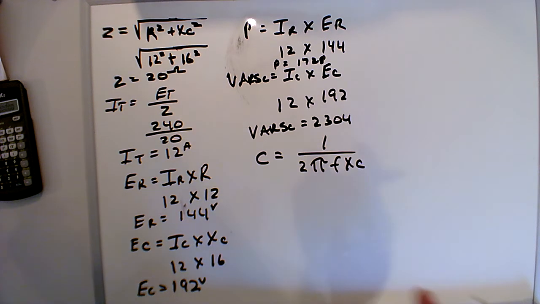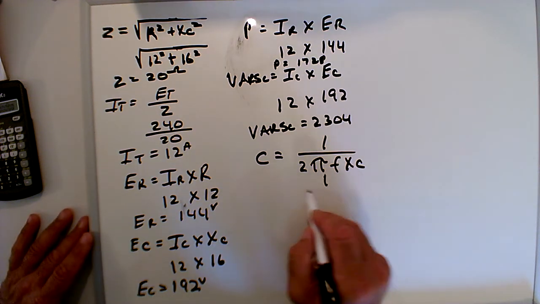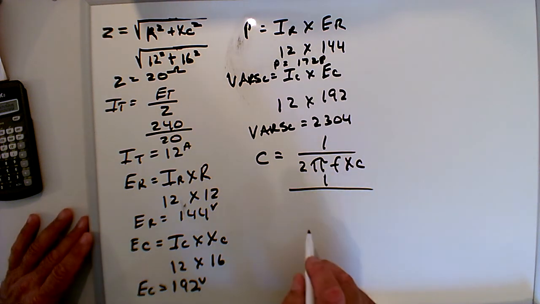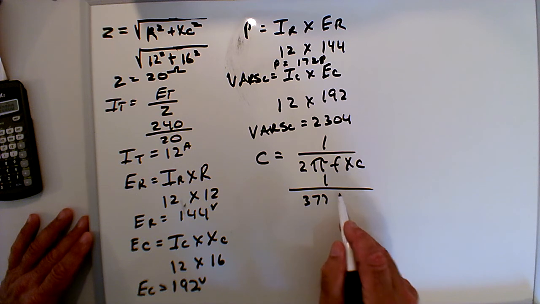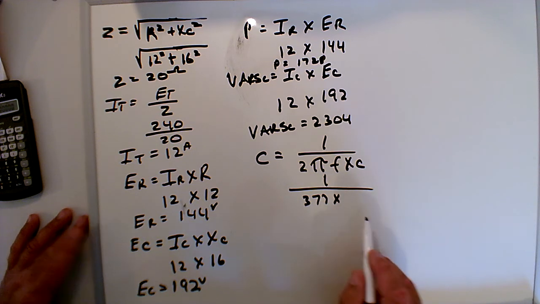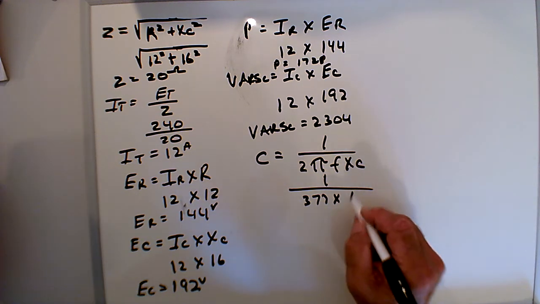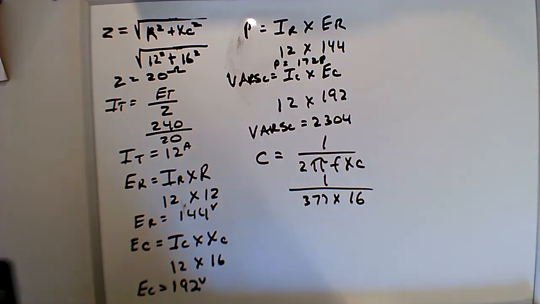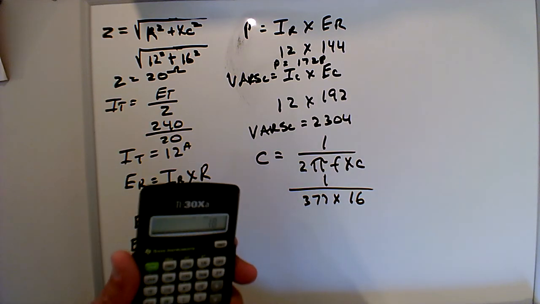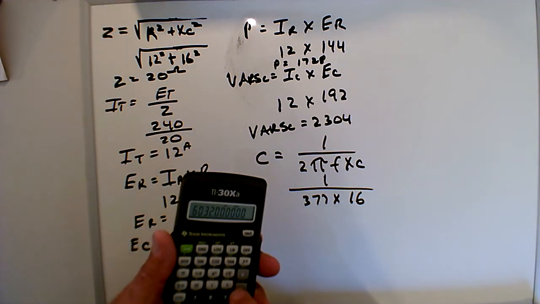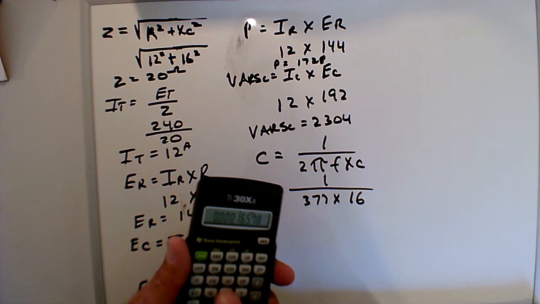And in this case, I'll have 1 over 2 pi f, which is 377, times 16 ohms. So 377 times 16, and then I hit equals, and then 1 over x.